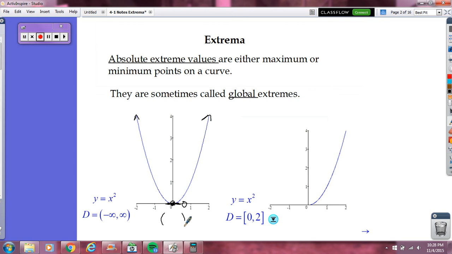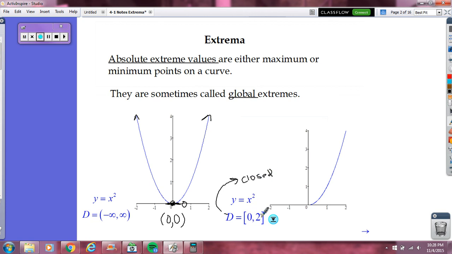So the location, or the x value that is the smallest, is 0, the minimum value that we reach is also 0. When we consider on just the domain that's from 0 to 2, we call this a closed interval.